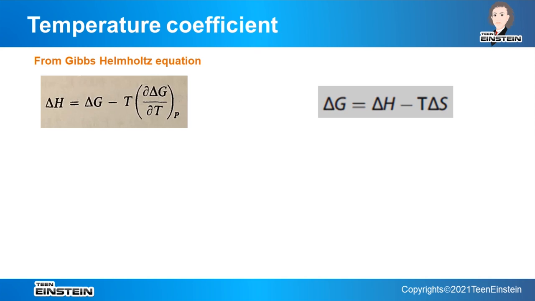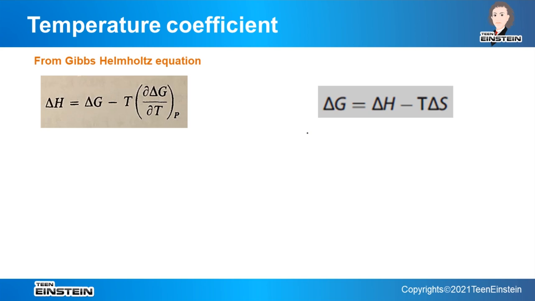Now we have to learn one particular term which is known as temperature coefficient. What is it equal to? That we can get from the Gibbs-Helmholtz equation, which we can get from thermodynamics. Another equation here is del G equal to del H minus T del S, which is a very common equation. The equation on the left hand side is the Gibbs-Helmholtz equation.